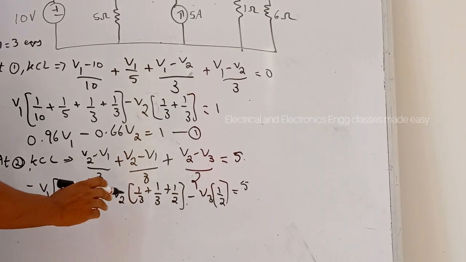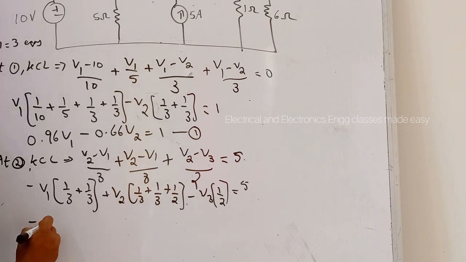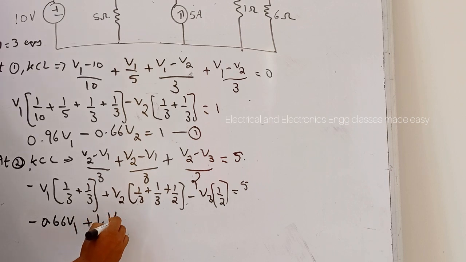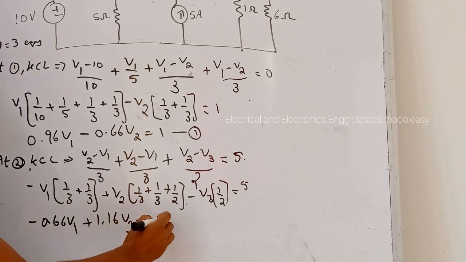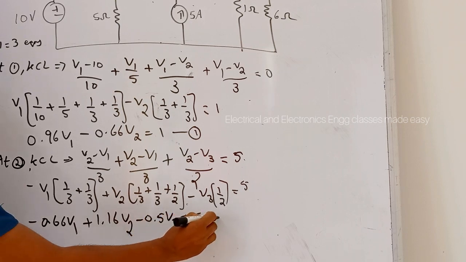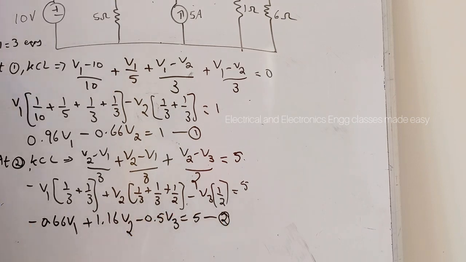After simplifying we get minus 0.66 V1 plus 1.16 V2 minus 0.5 V3 is equal to 5. So this is the second nodal equation.